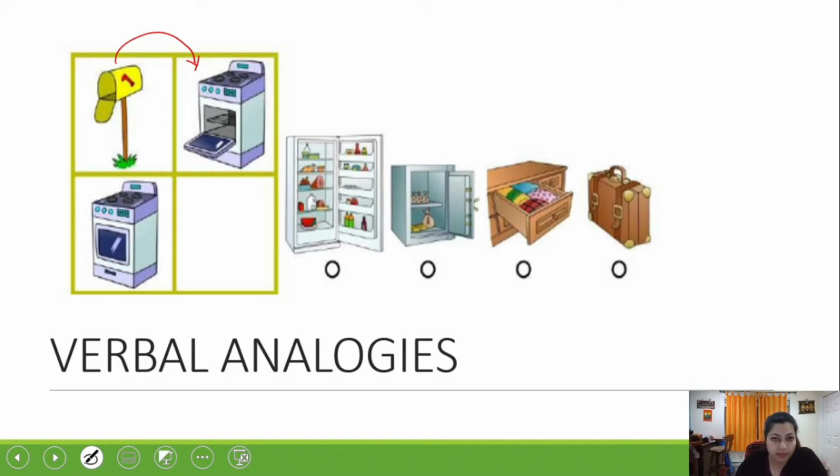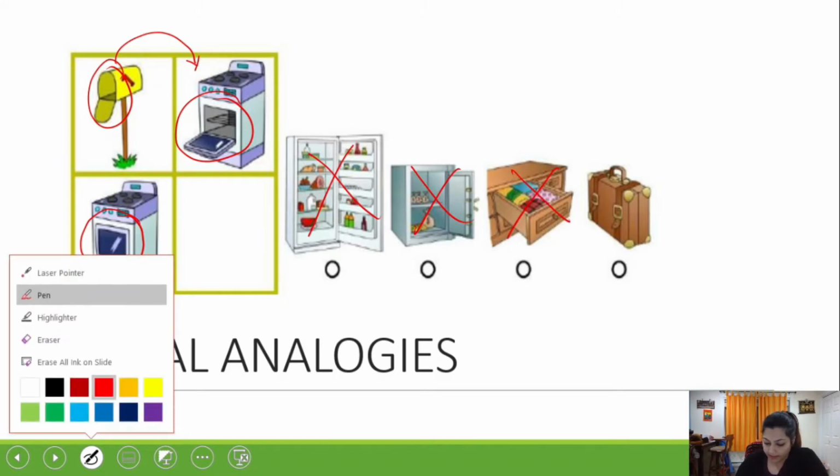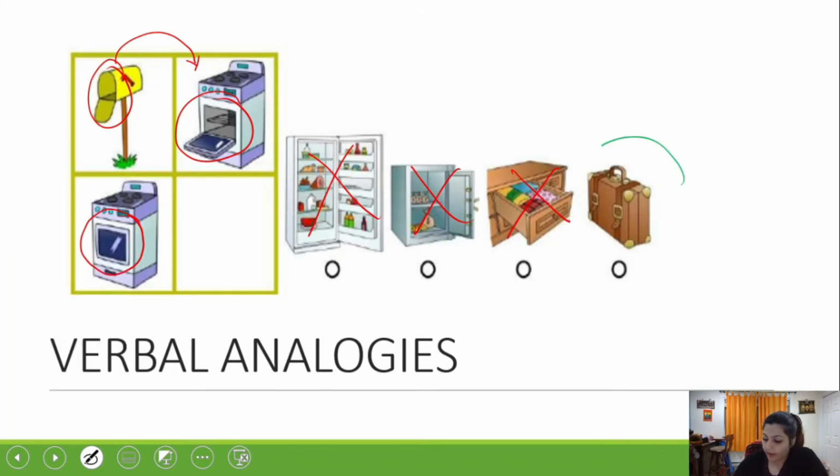You have to find the similarity between the two objects. The similarity is both are open, but over here the expectation is to find something that is closed. So immediately this 3 gets cancelled, and we are left with our answer, that is a closed briefcase.